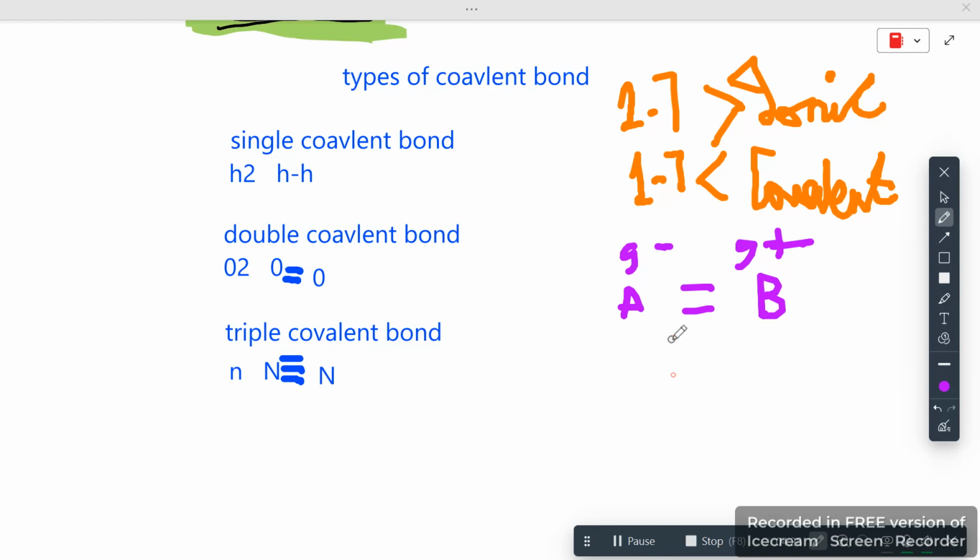These simply show the ions which have ionic character. This means they have ionic characters.